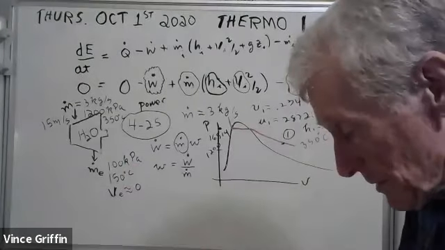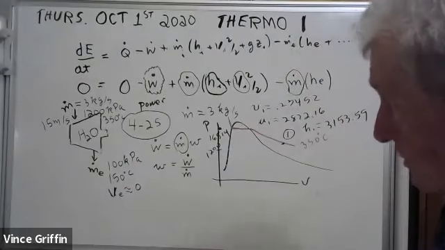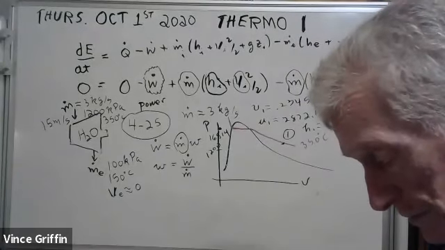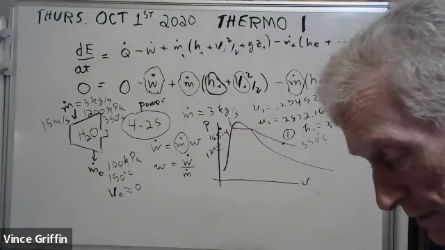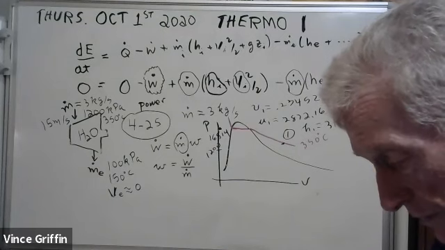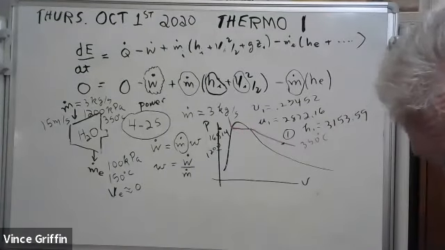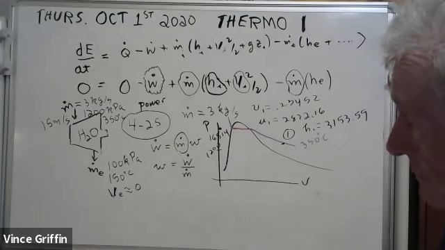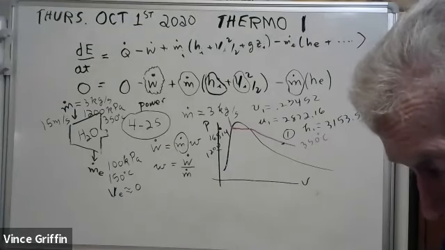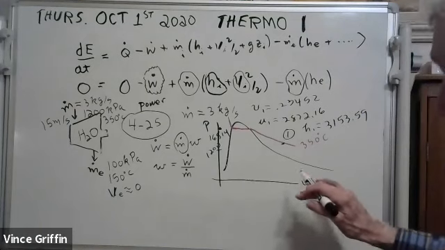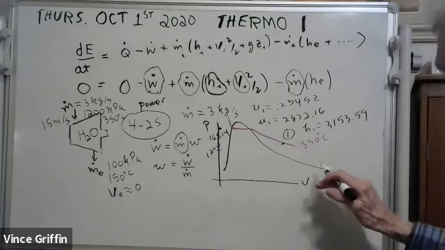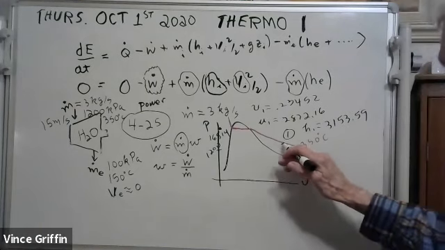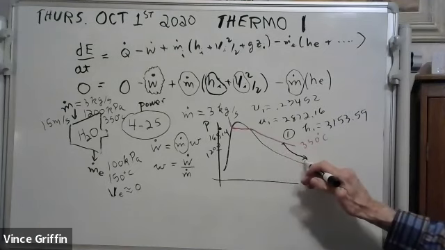Look it up. Go to your tables and look up 100 kilopascals and 150 C. We're in the superheated vapor. We're out here someplace. Yeah, there's your state 2.